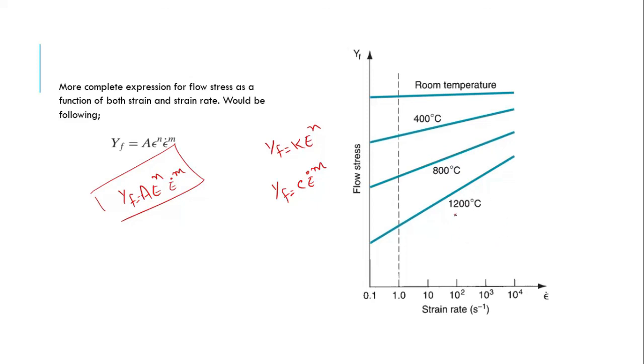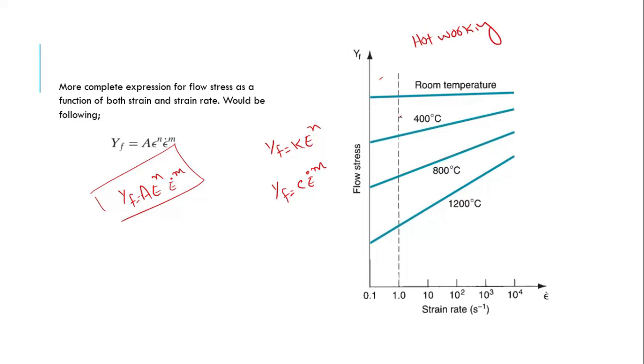If you see this curve, when the material was deformed at room temperature, a strain was produced and the requirement of the flow stress wasn't increasing that much. These are all graphs of hot working operations. In hot working, when the material was at a very high temperature, let's suppose 700 degrees centigrade, it was being deformed smoothly.